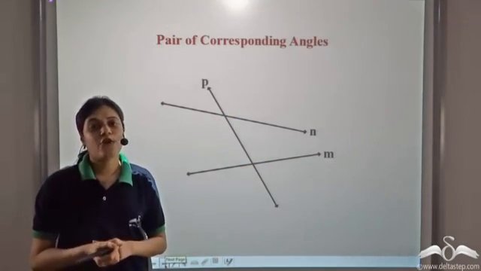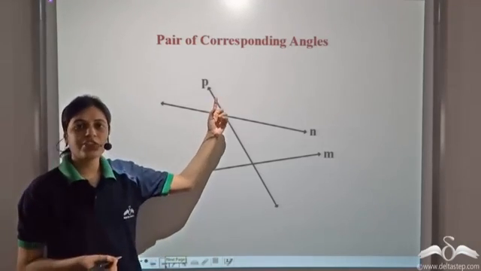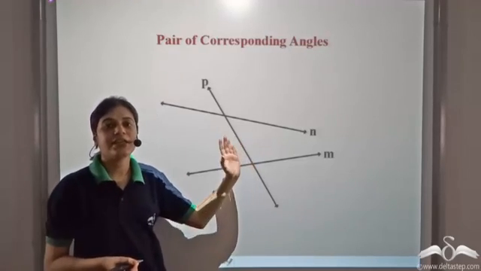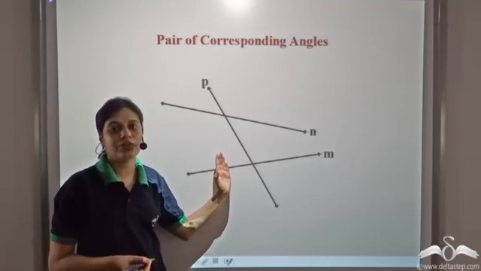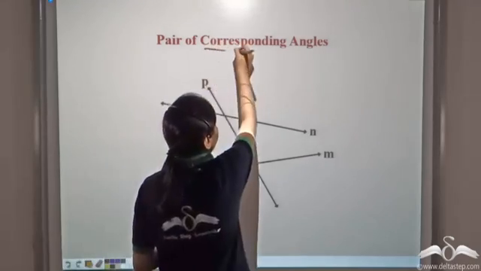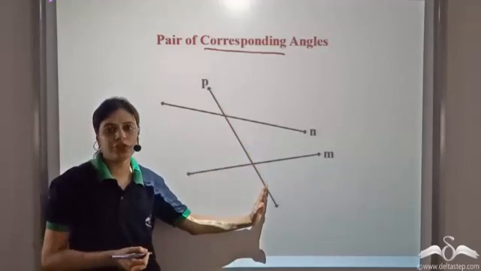What is a pair of corresponding angles? Well, angles which are on the same side of the transversal and they are in the same position with respect to the two lines are called corresponding angles. So, angles which are on the same side of the transversal.